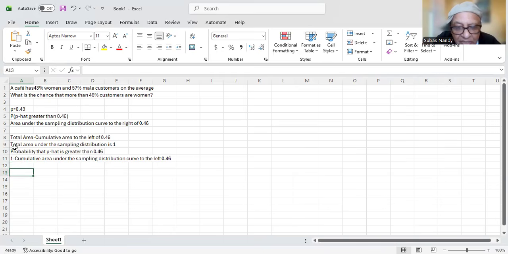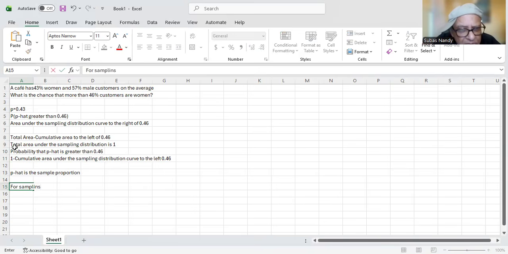Now I keep using p hat here. P hat is the sample proportion. For sampling distribution, mean is equal to P, which is population proportion.